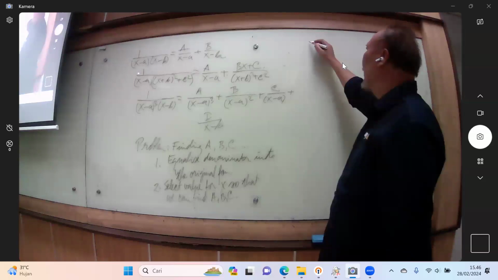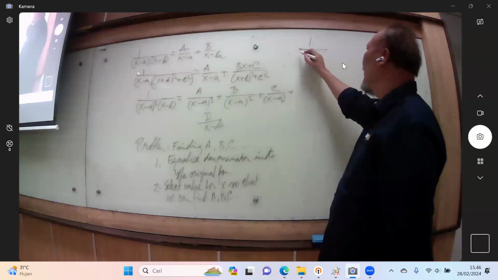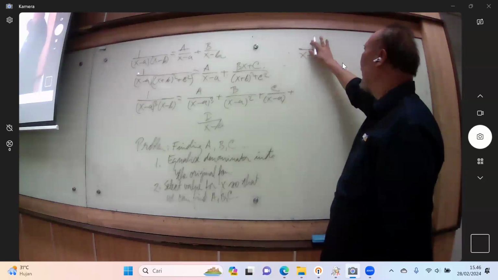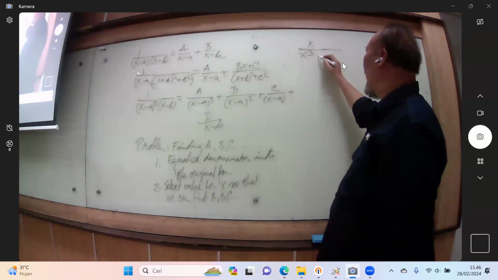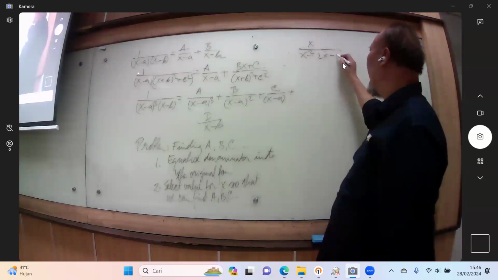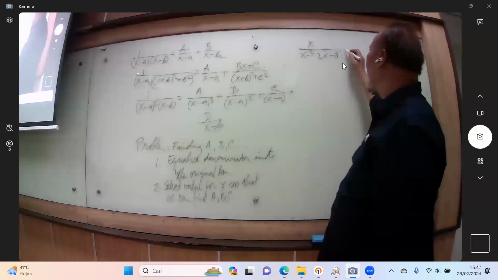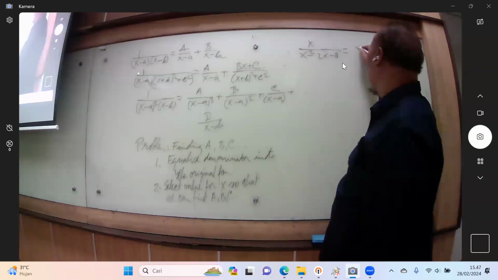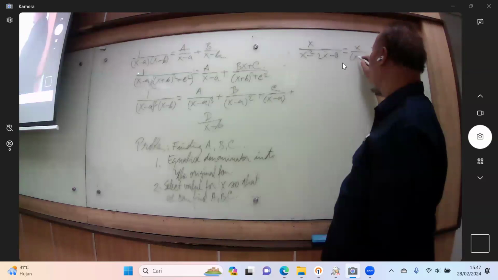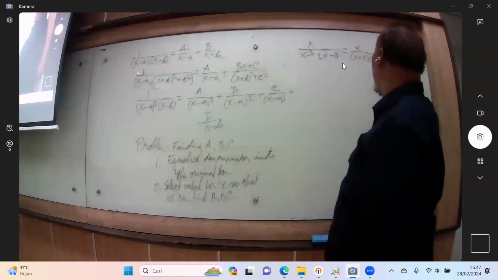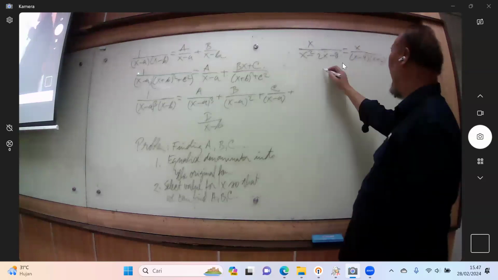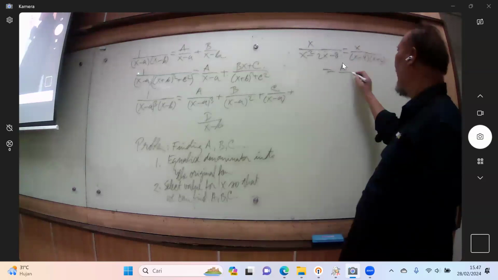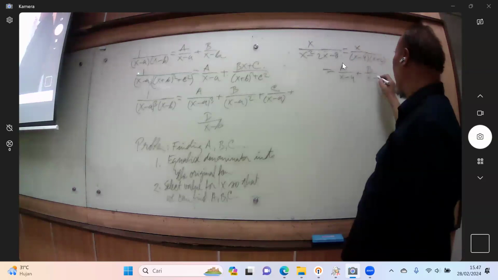For example, if we have x over x squared minus 2x minus 8, we know that the denominator is (x minus 4)(x plus 2). Then, as before, we have a divided by x minus 4 plus b divided by x plus 2.